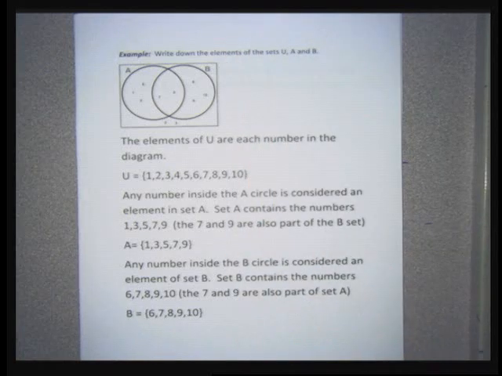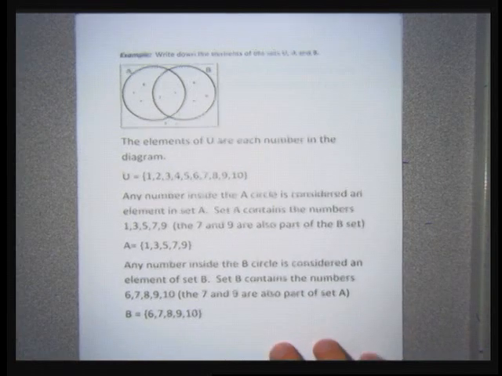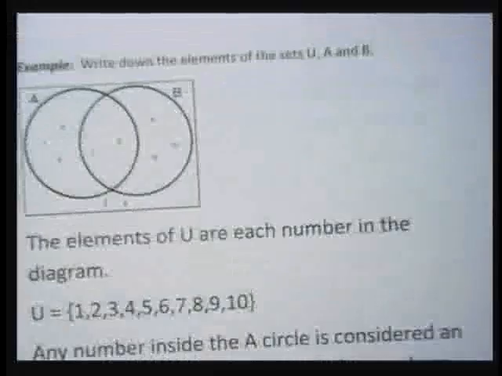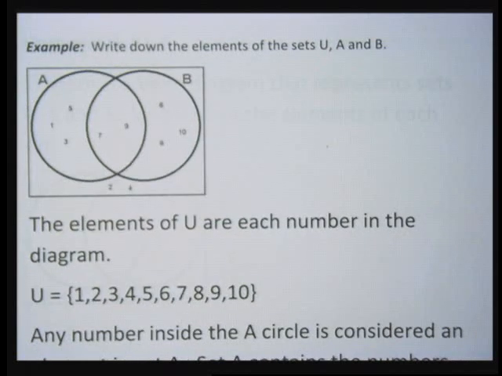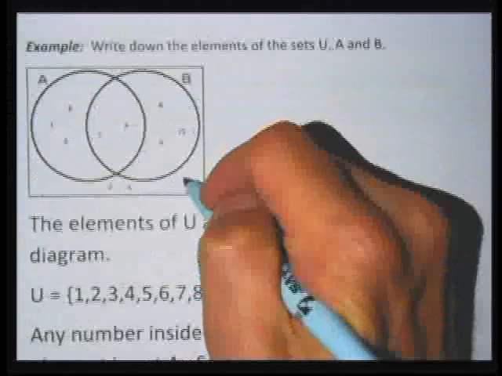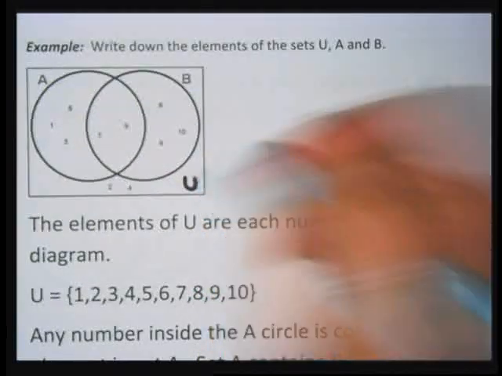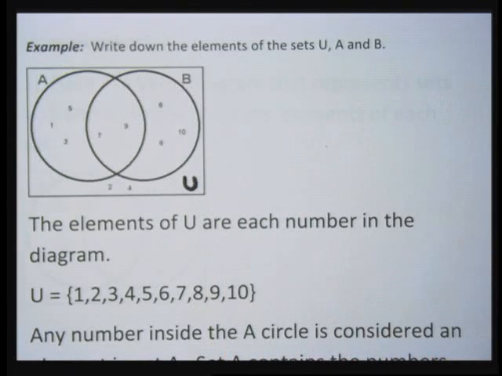So one skill we need to have is, if we have a Venn diagram that's filled in, we need to be able to pick out the sets that are described by that Venn diagram. And so here's a Venn diagram. Notice I didn't put the name U in the lower right hand corner or some region outside the Venn diagram. This Venn diagram represents three sets.